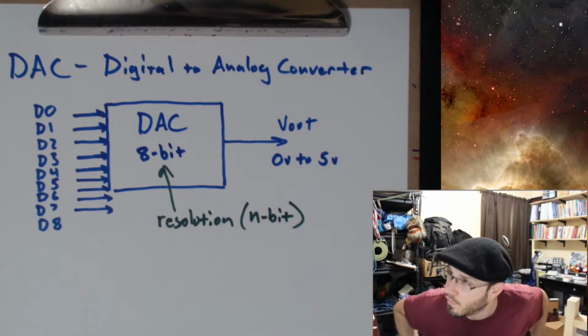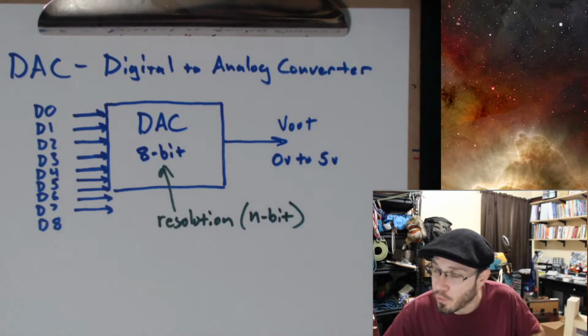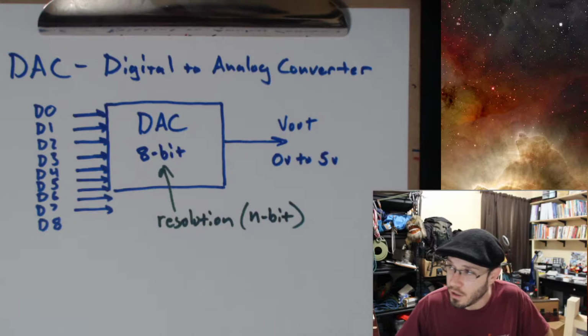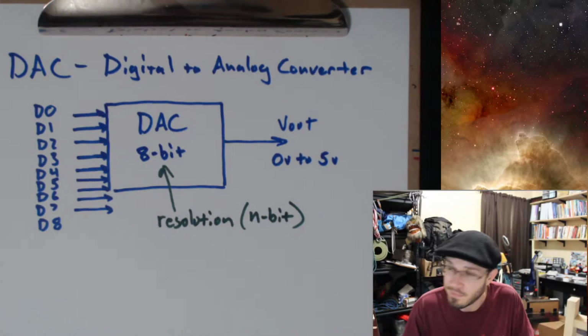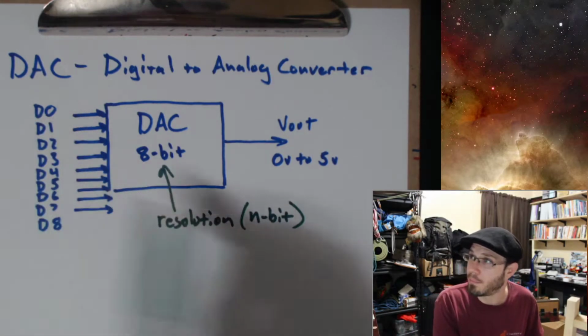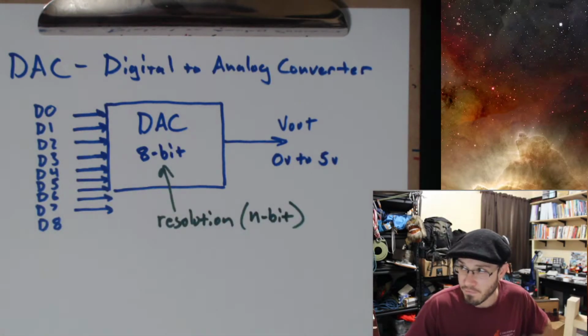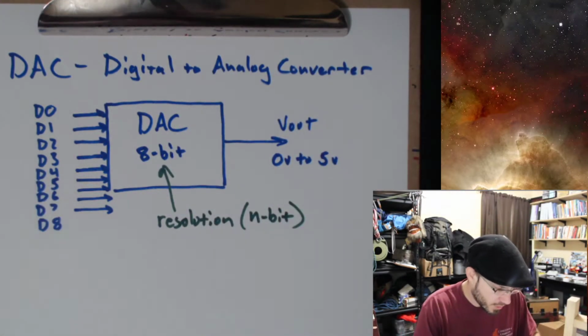In general, we refer to that as just the N bit. I could have a 4-bit digital to analog converter. I could have a 5-bit. I could have an 11-bit, 16-bit. And we'll see the benefits of having more bits in order to represent this 0 to 5 volts on the output.